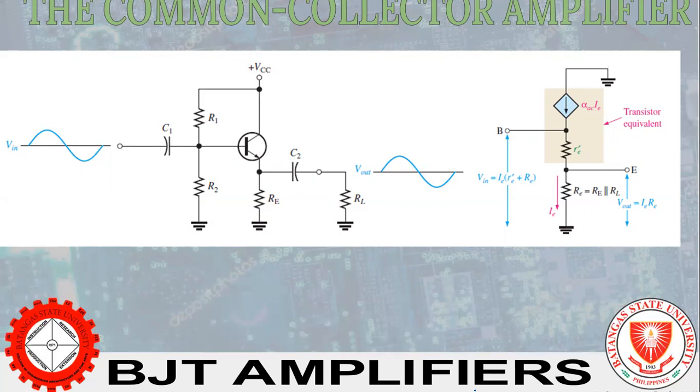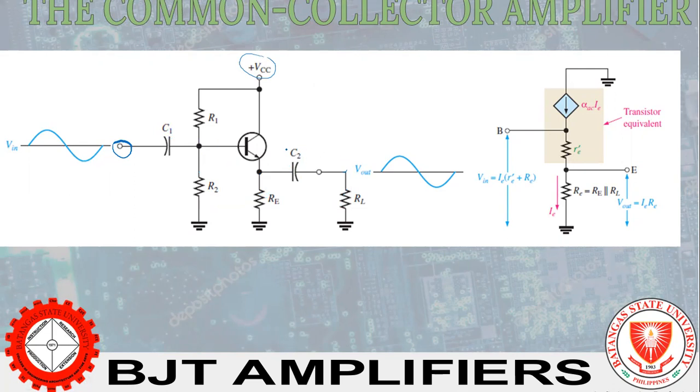Okay, so yung common collector or CC is usually referred to as an emitter follower where the input is applied to the base. So, nasa base pa rin natin. Pero ang output natin is nasa emitter. Kaya siya naging common collector. Okay. So, coupling capacitor natin is hindi sa RC. So, doon na tayo sa kay RE at saka si RB na tayo. So, yun yung mga coupling capacitor. Ikaw, dalawa lang naman dito.